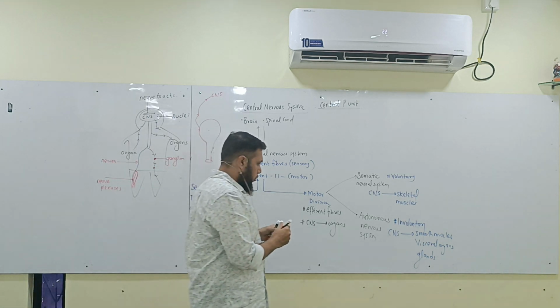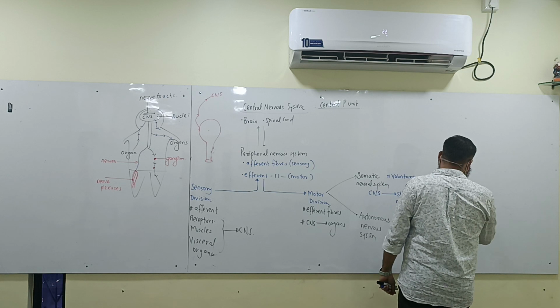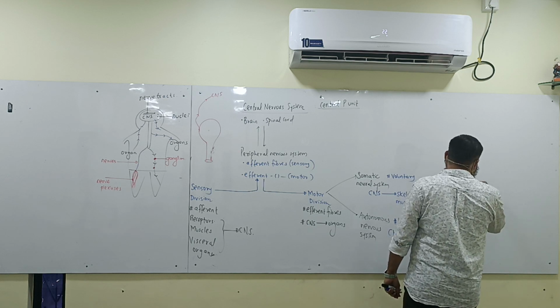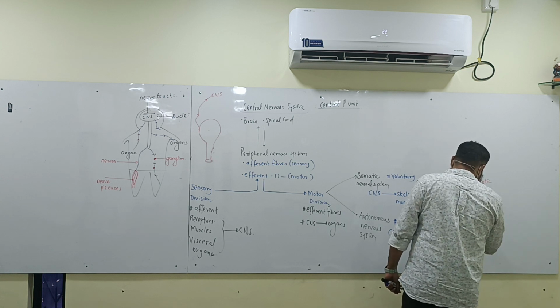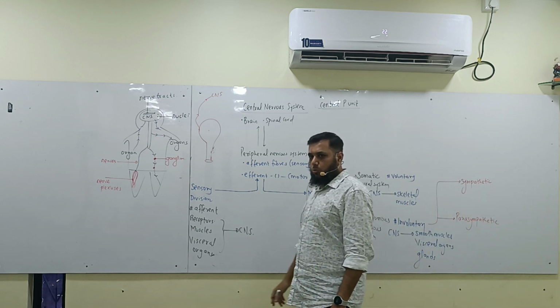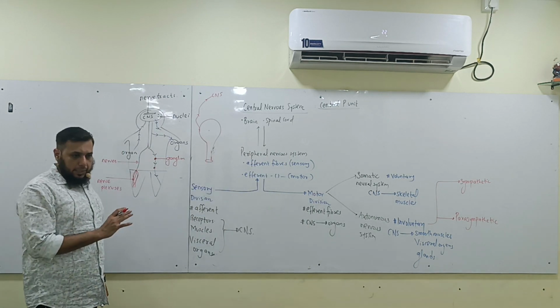Now, if you remember, I have told you this that the autonomic nervous system consists of two divisions, which are called sympathetic and what would you know? Parasympathetic. What are the two divisions, kids? And do you remember this?